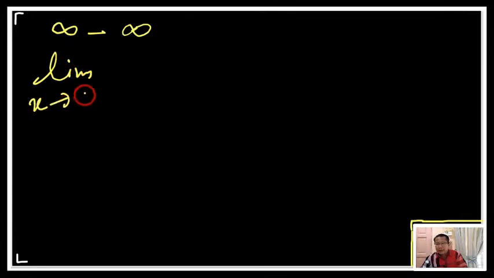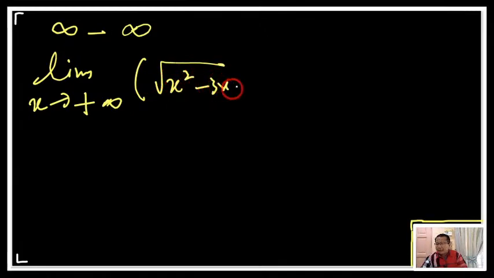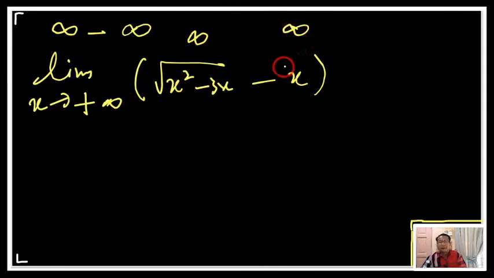Okay, now we look at infinity minus infinity. What to do? Okay, so let's say we have limit x approaches positive infinity of square root of (x squared minus 3x) minus x. This one was infinity, this one also infinity. So we don't know minus infinity or positive infinity.